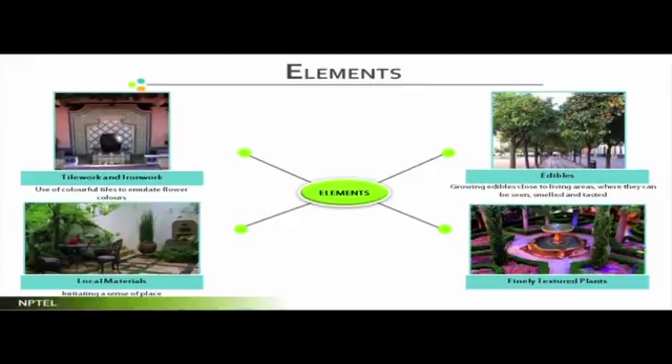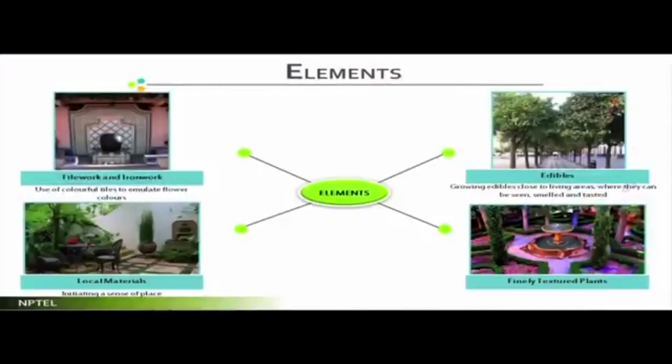Even nowadays, whenever we use elements, we try to consider them our local materials, not borrowed materials, neither synthetic nor brought from somewhere else. So this gives a kind of identity to that landscape. And then the finely textured paths, these are the kind of examples that we do have.